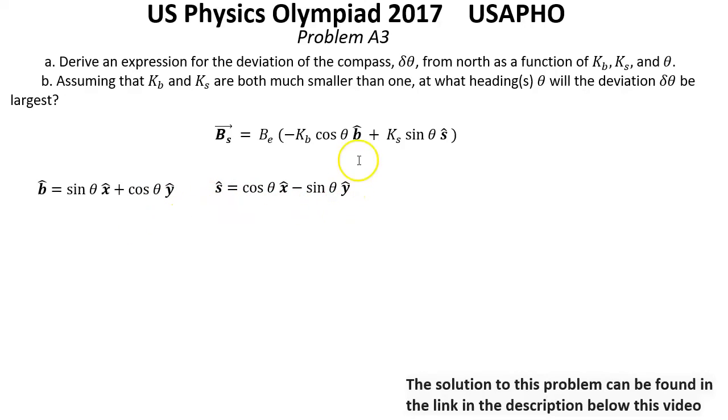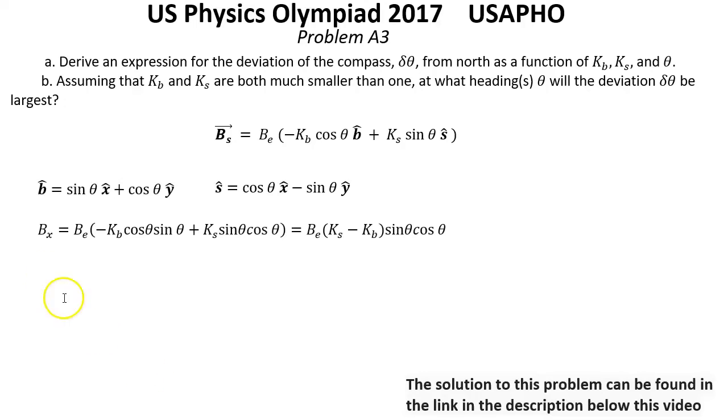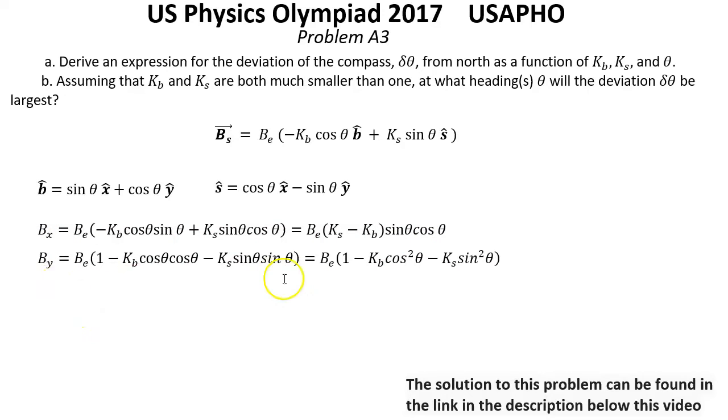Now we can insert them in this expression for vector BS and find its projections. In the X direction we have Bx equal to this expression, and in the Y direction we have this expression. Here we also added the magnetic field from Earth, BE.